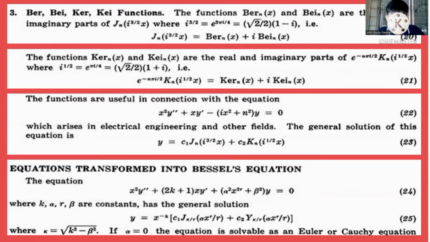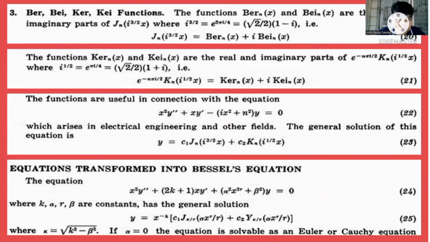Here too, for Ker and Kei, they are the real and imaginary parts of the formula e to the negative n pi i over 2 K sub n of i to the 1/2 x.